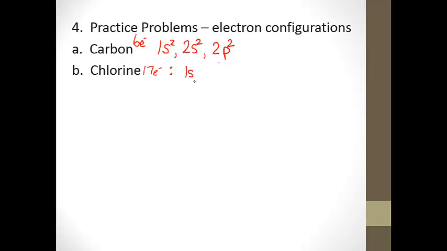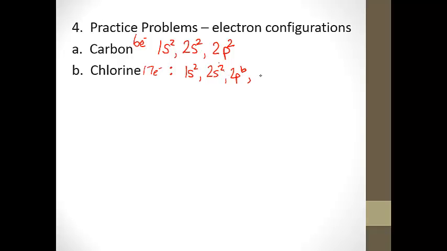Following our electron diagram, we have 1s2, and then we go to the 2s orbital, and it needs 2. 2p comes next, and it's going to hold a total of 6. So now we're at 10 of our 17. We have 6, 7, 8, 9, 10.